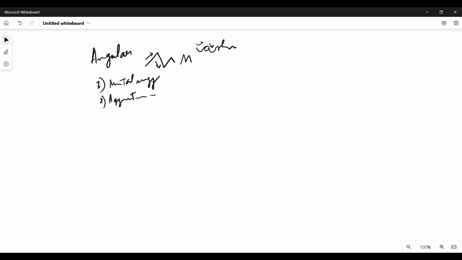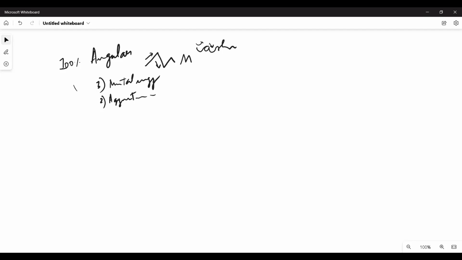So every writing will not be 100% angular. Okay, like hota hai kabhi kabhi, like you will see like complete writing is like very sharp. So it depends from person to person, situation to situation.